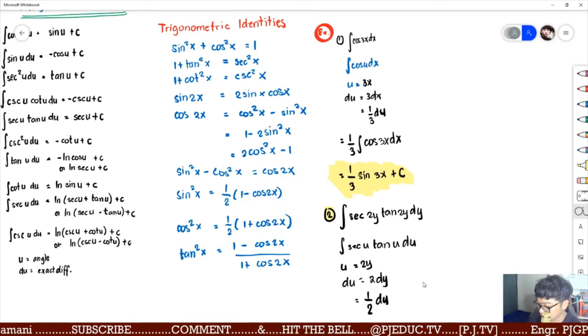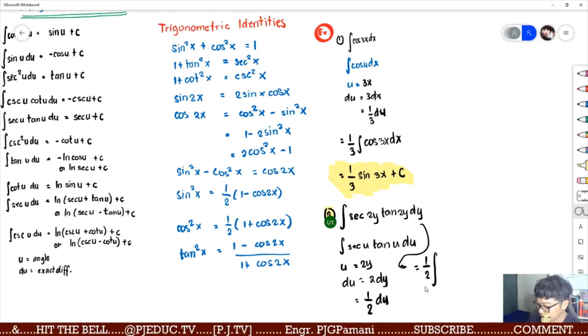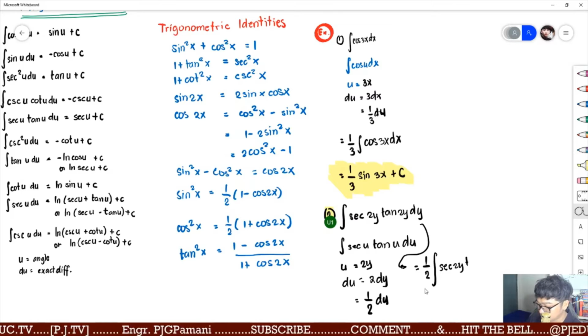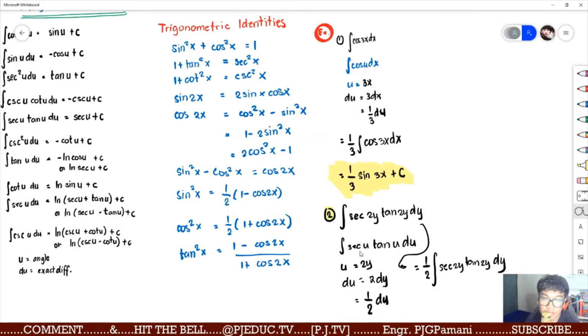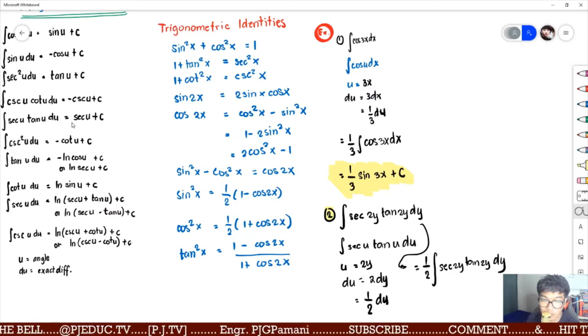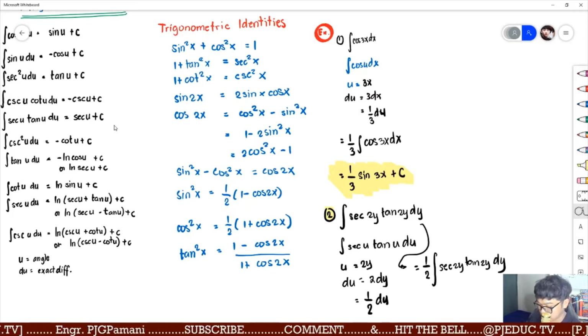Then, diretso na ako dito para nababasa. Correcting factor 1/2 integral of secant 2y times tangent 2y dy. Remember that the integral of secant u tangent u, or the antiderivative of secant u and tangent u is basically secant u, or secant of the function u, plus c.